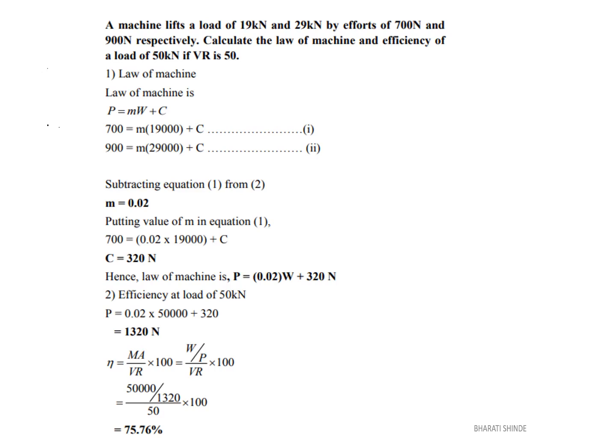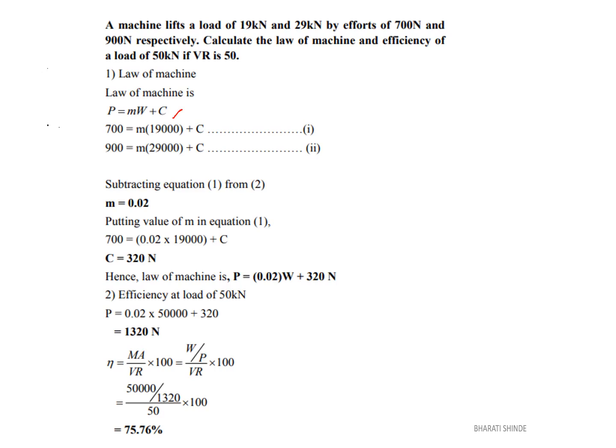So first of all, apply law of motion, that is P equals to mW plus c. So m and c keep as it is and write down the values for P and W. So for 19 kilonewton load, effort is given as 700, and for 29 kilonewton load, effort is given as 900.